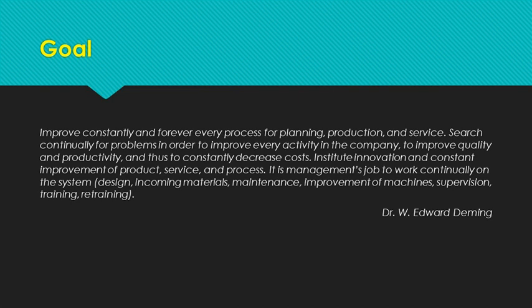Institute innovation and constant improvement of product, service, and process. It is management's job to work continually on the system. Design, incoming materials, maintenance, improvement of machines, supervision, training, and retraining.